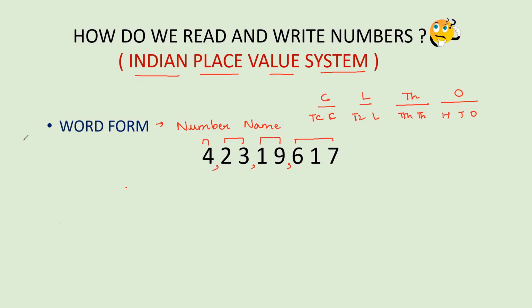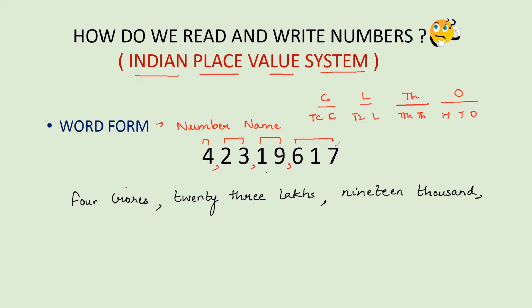So how do we write down? The first is crores. So we write down 4 crores. Then we have lakhs. So it becomes 23 lakhs. Then we have thousands, 19,000.